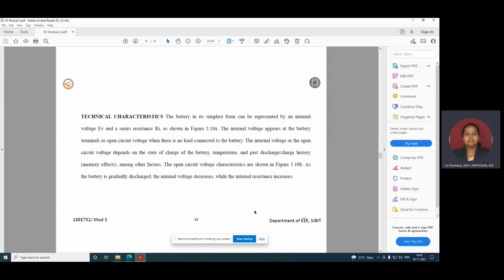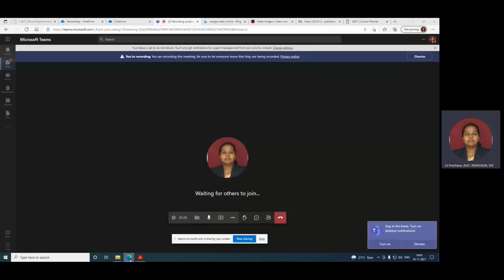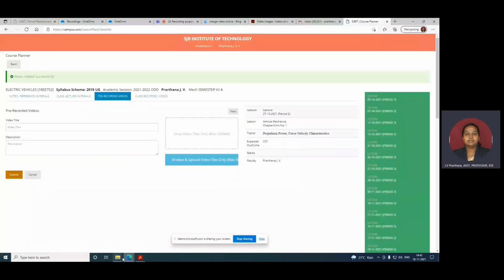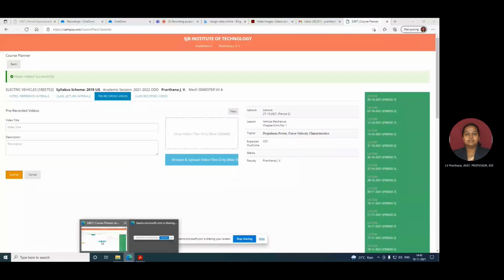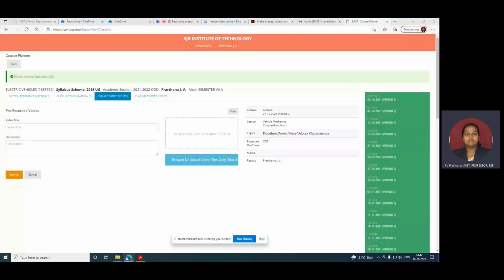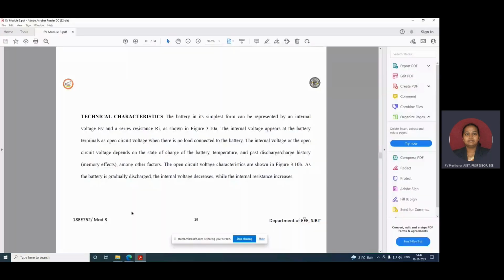Next, specific power. Specific power is the amount of power obtained per kilogram of the battery.